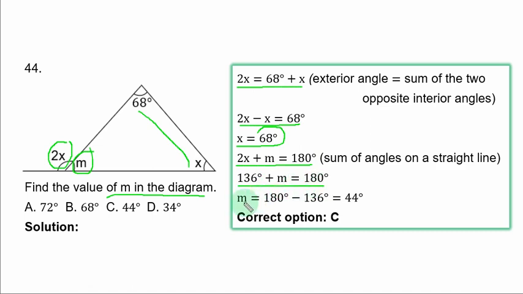Collect like terms, M is equal to 180 degrees minus 136 degrees, and that is 44 degrees. C is the correct option.